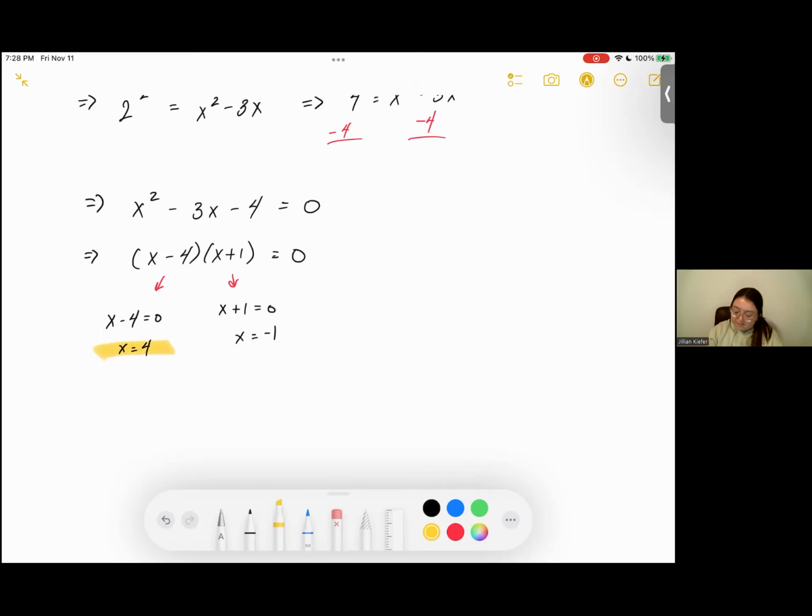So in our final answer, we get x is 4 and not x equals -1. So x cannot equal -1 since we can't take a logarithm of a negative number.